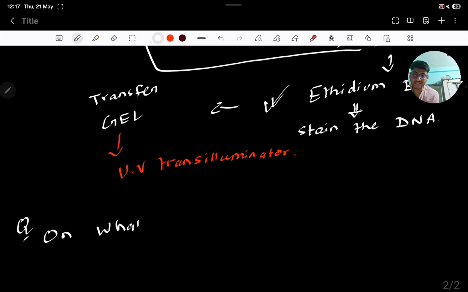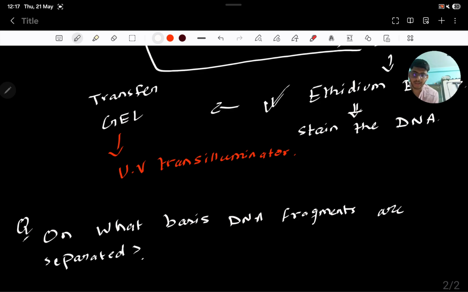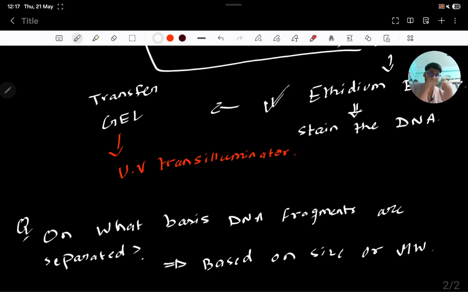On what basis are DNA fragments separated? Okay, so the basis is very easy. They are separated based on size or molecular weight.